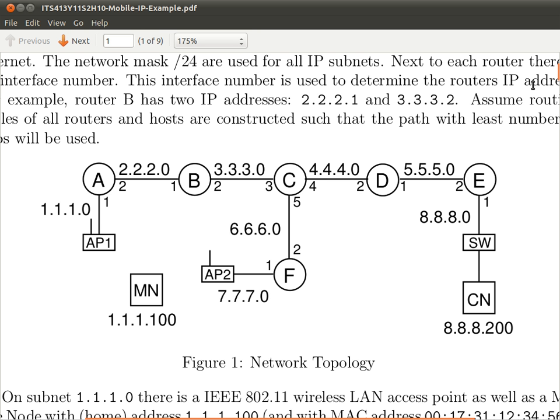Now, be careful. This diagram does not show that it's going to the home agent. If I'm trying to show that it goes to the foreign agent or home agent, I'll leave an arrowhead here. We'll see that shortly.